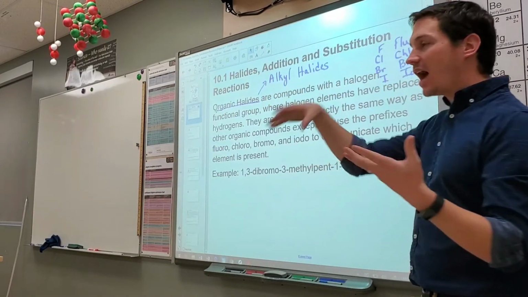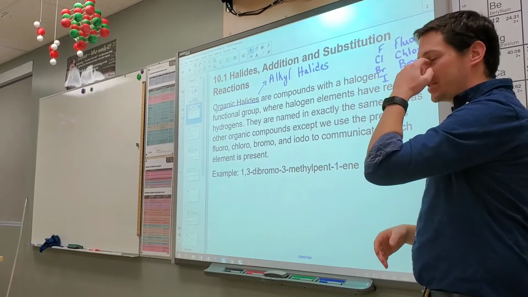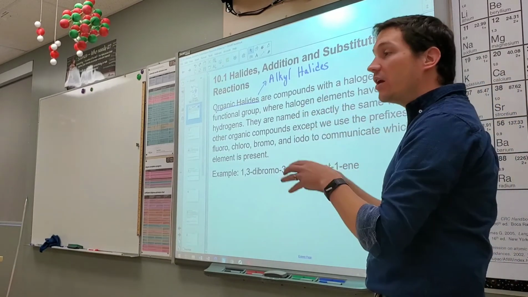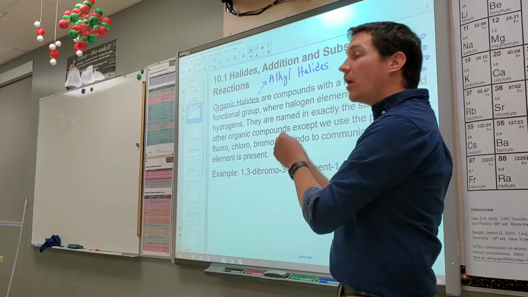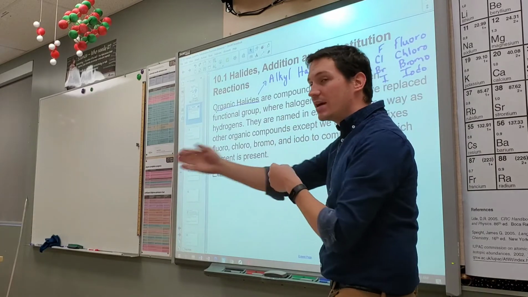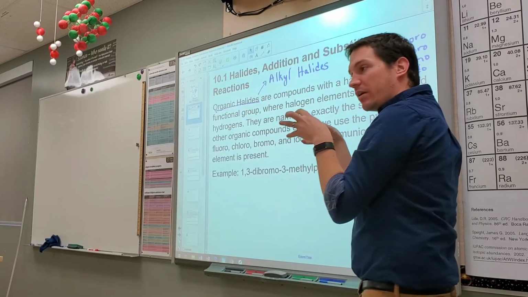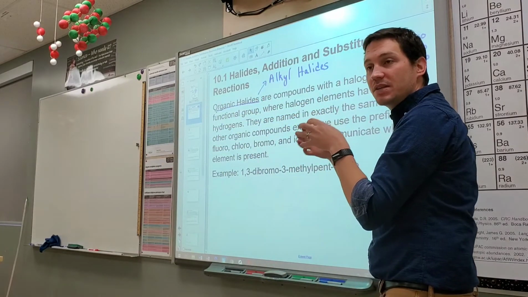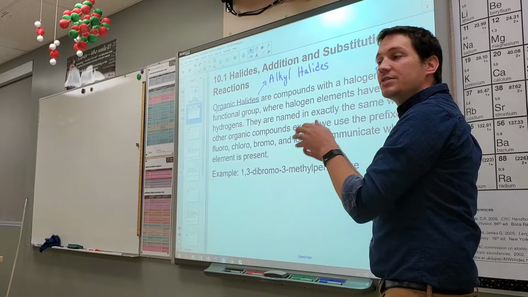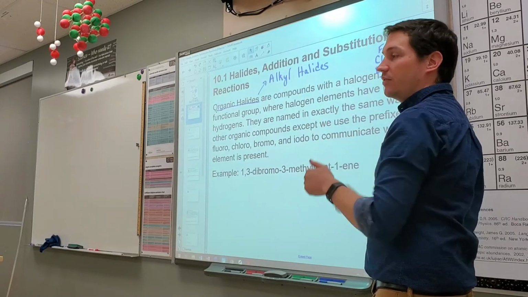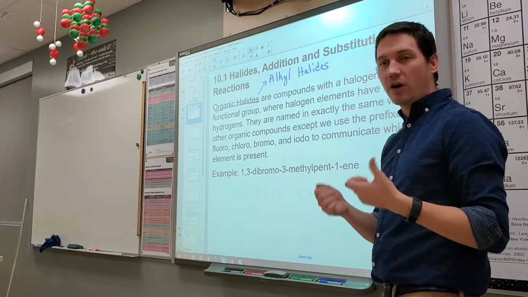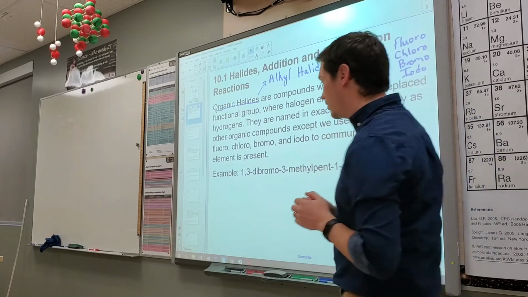If I add an iodo group or a fluoro group, that part of the molecule is functionally different than the rest of the molecule. The rest of the molecule will behave a certain way, but this part will behave a very specific way. So now we're changing the behavior of the molecule. That's what a functional group does. It changes the behavior of the molecule.